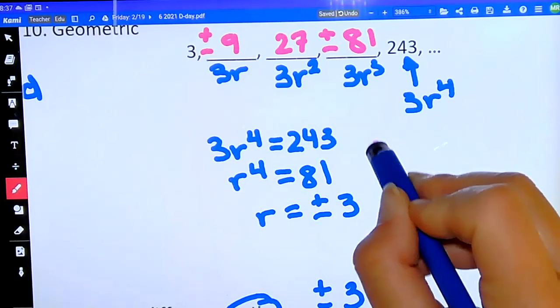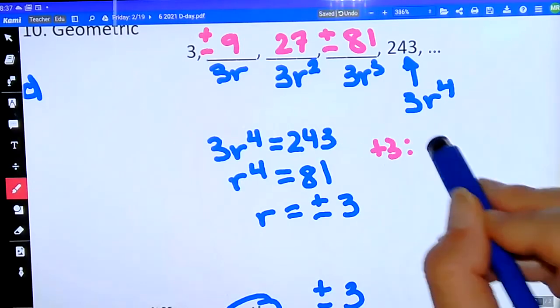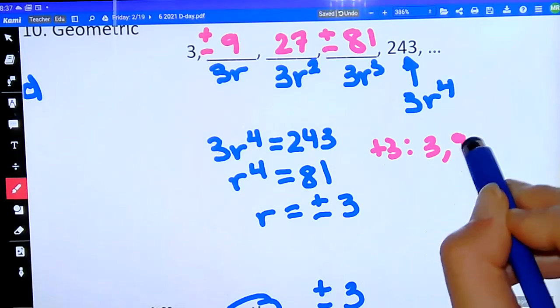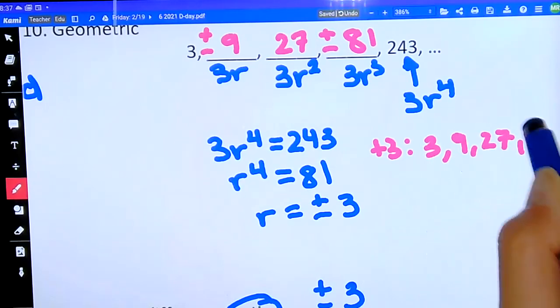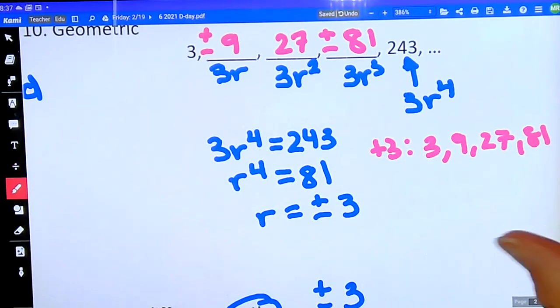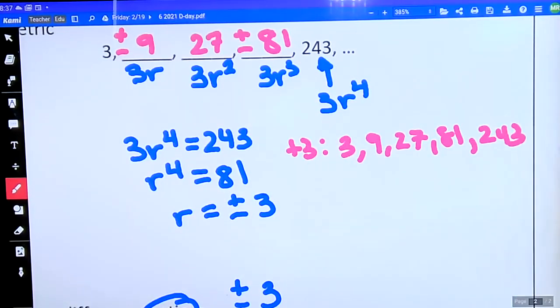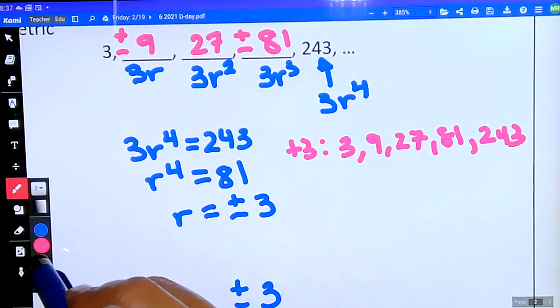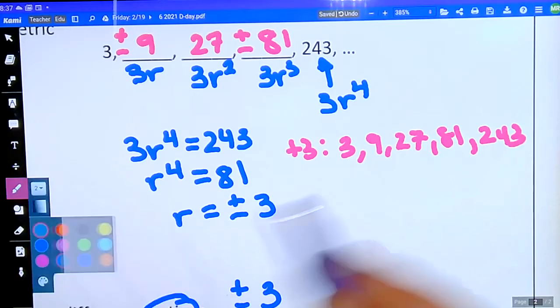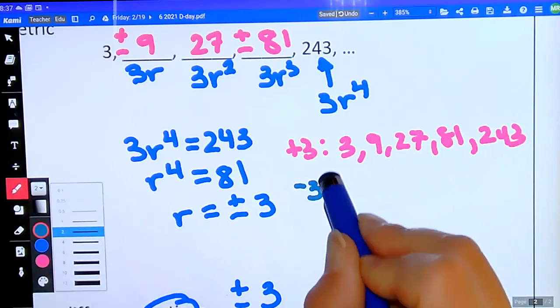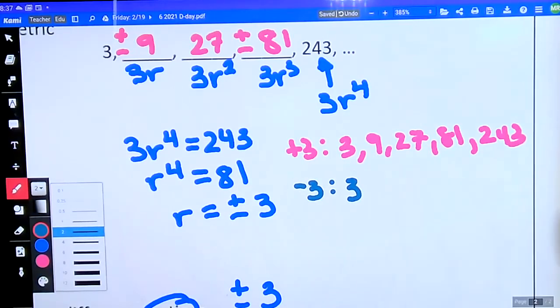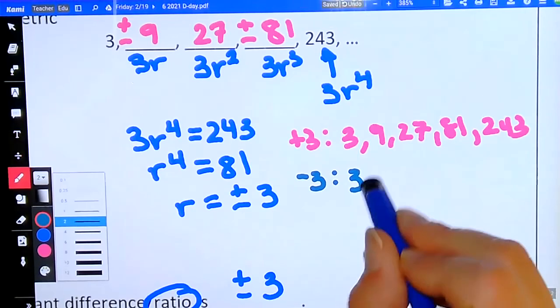So if I'm doing it by the positive 3, I have 3, 9, 27, 81, and our 243 that was given. But if I'm doing it by the negative 3, I start with 3. I times that by negative, I get a negative 9.